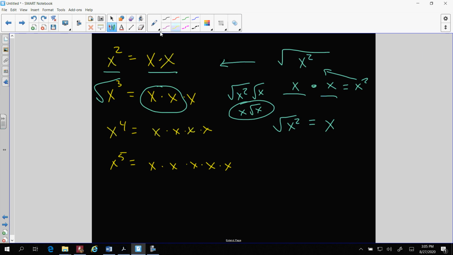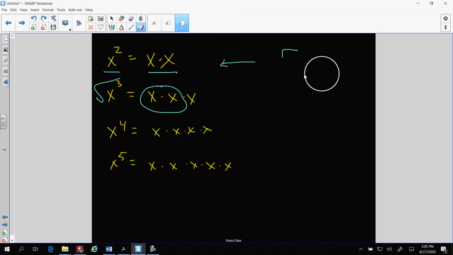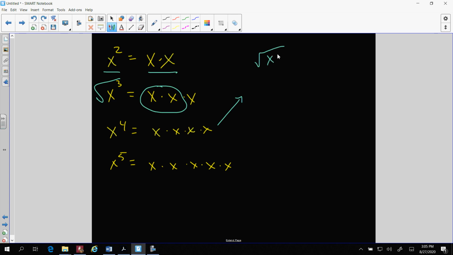Let me erase a little bit, make this a little bit cleaner. See if we can make it make a little more sense. What about trying to take the square root of x to the fourth? Think about perfect squares that go into x to the fourth, x squared times x squared.